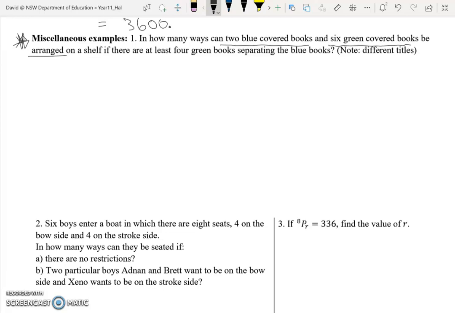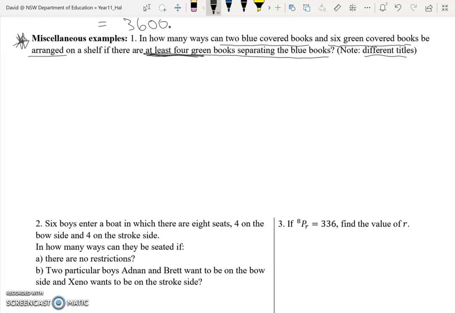Arranged, permutation, order important, if there are at least 4 green books separating the 2 blue books. I've put a note that they have different titles, so each blue book isn't the same. They're distinguished, and same with the 6 green books. They're all different green books.